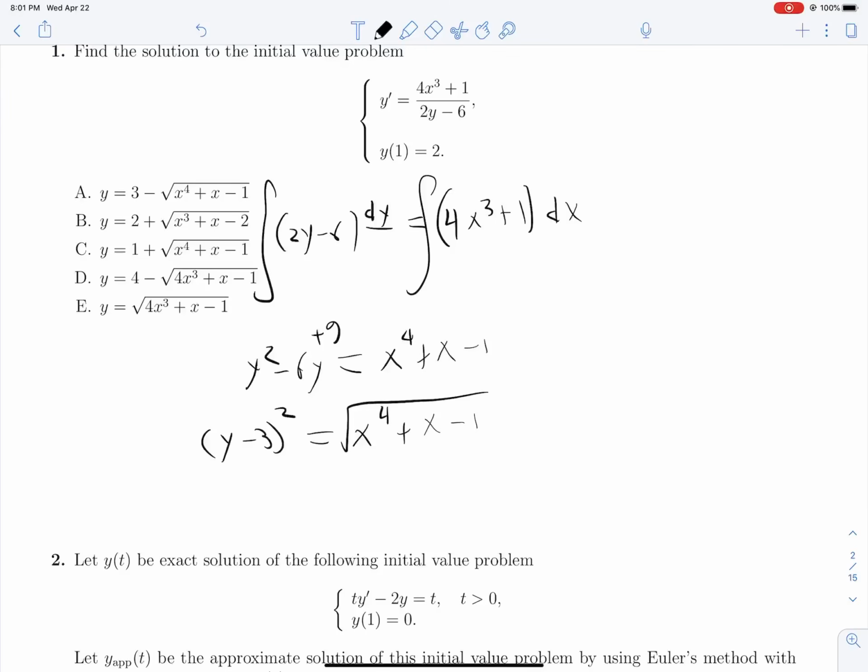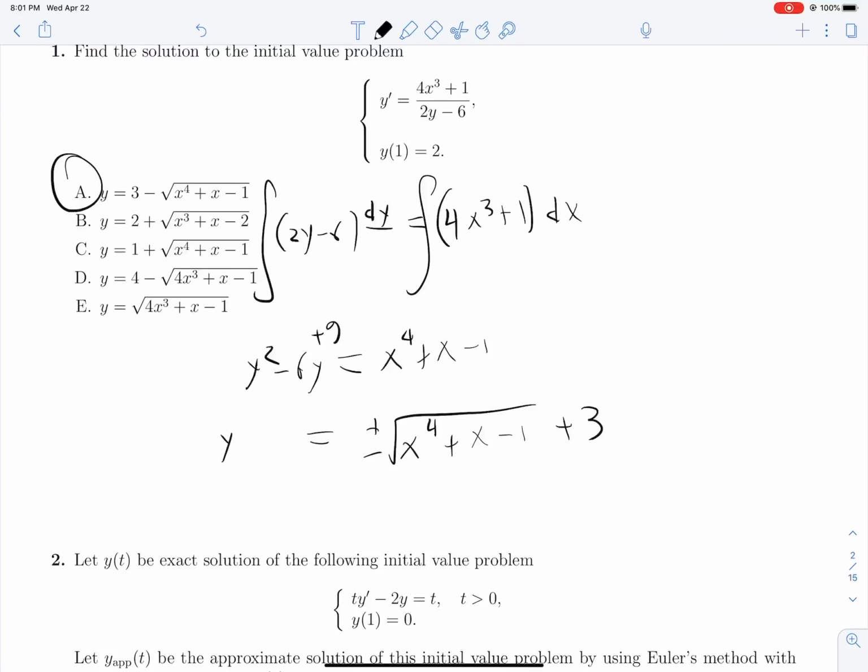We can take the square root, and since y at 1 is equal to positive 2, let's keep that plus or minus in there for now and add this 3 over plus 3, and then reevaluate to make sure that we're using the correct side of the plus or minus, even though we know that a is our correct answer. That's the only one with a constant of 3 there.